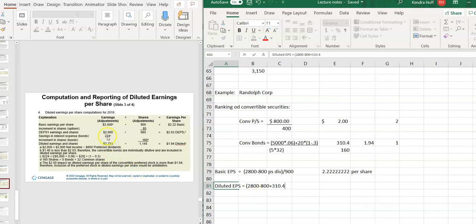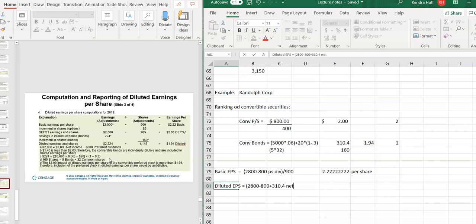They're using this 220, but that is not what I get when I multiply that stuff out. Let me double check it one more time. I know 5,000 times 0.06 is 300, plus 20, and then times 0.97. I still get the same. Okay.